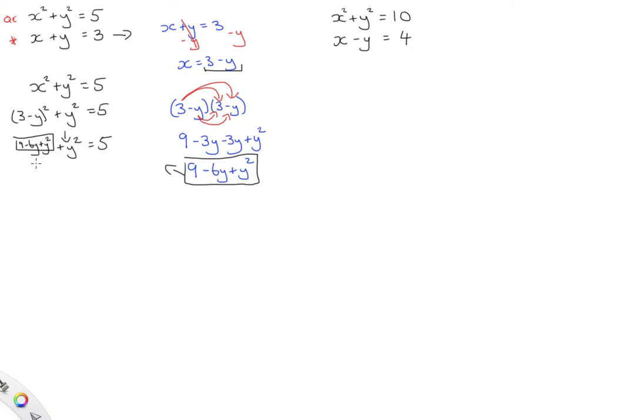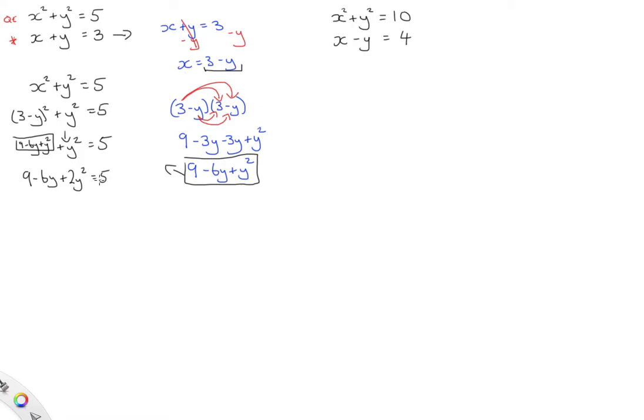All right, so 9 can't be added to anything else here. That's fine. So we just go 9 minus 6y minus 6y plus y squared plus y squared. So that must be 2. y squared plus y squared is 2y squared equals 5.